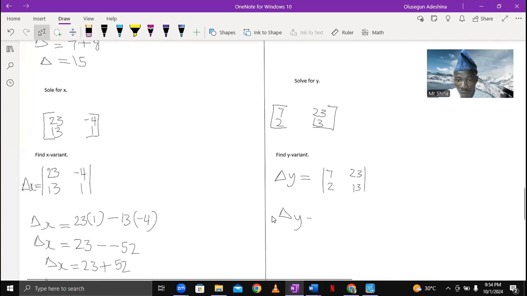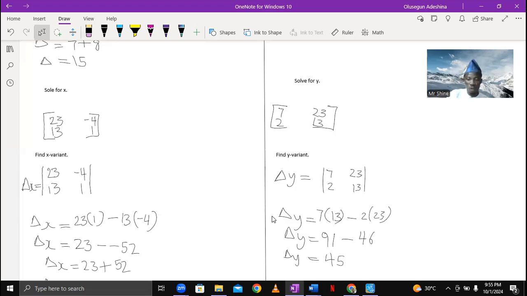That's the determinant of y is equal to 7 times 13. That's the product of the elements in the leading diagonal minus the product of the elements in the other one. So dy is equal to 7 times 13 should give us 91. Minus 2 times 23 is 46. So y determinant should be equal to 45.